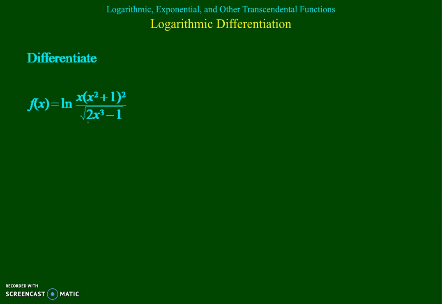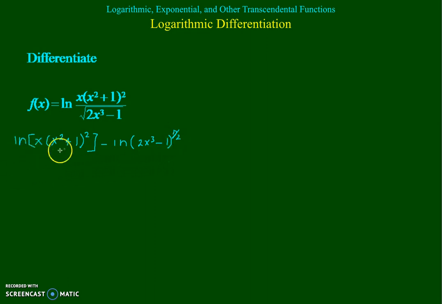To work this problem, what we're going to want to do is expand this expression using logarithmic expansion. So let's start out by saying this is the natural log. Let's do the numerator first. x times x squared plus 1 squared, minus the denominator. That's a 1/2.